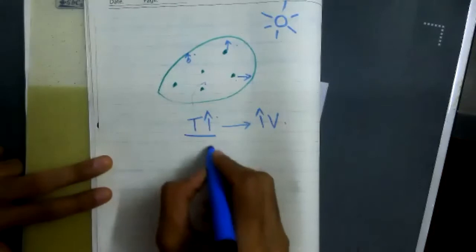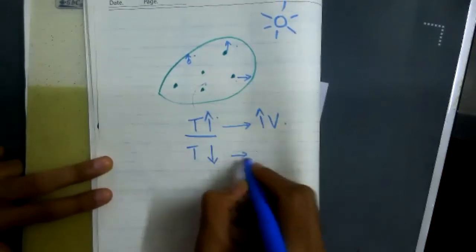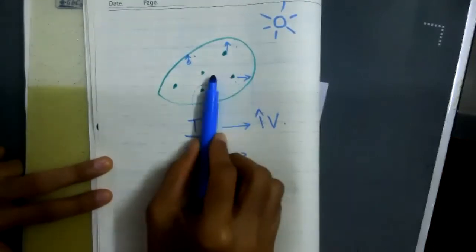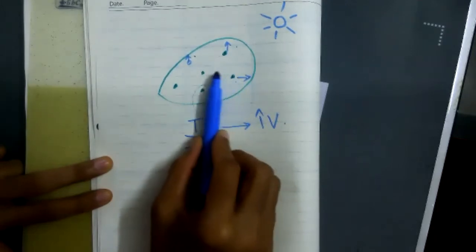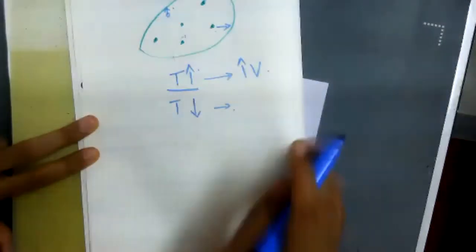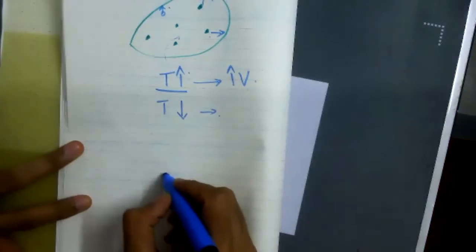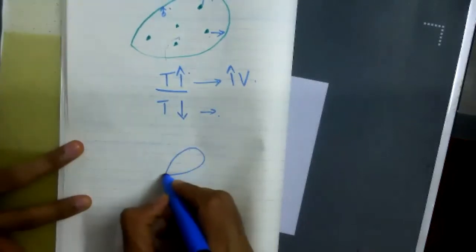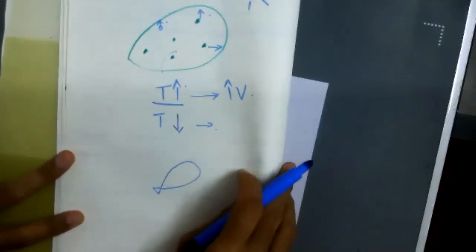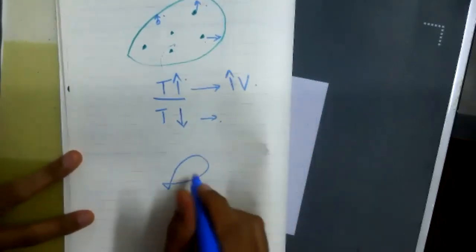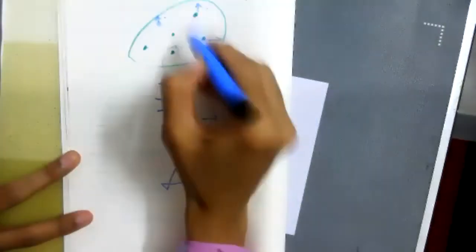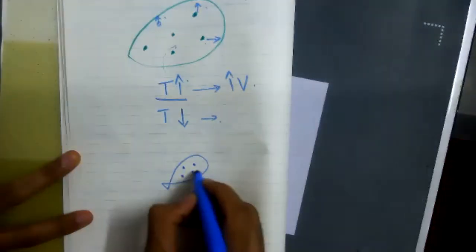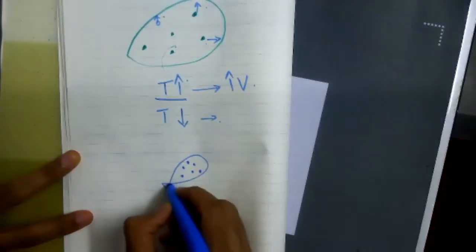And what does decreased temperature do? They lose their average kinetic energy, they are less active, and they come close together, so the space between them decreases. If you keep the same balloon in a refrigerator, or on a piece of ice, then you will see that the same 6 molecules will be closer together.